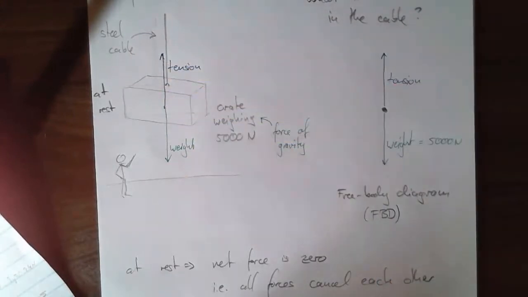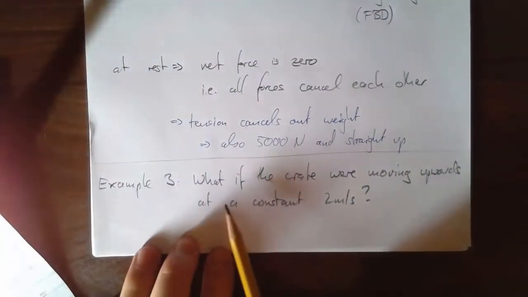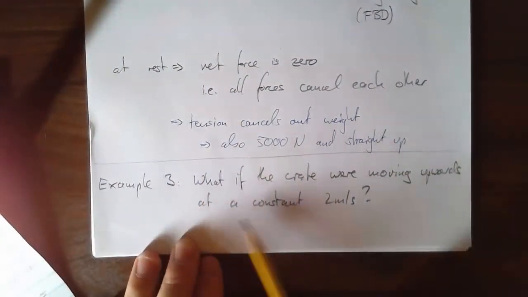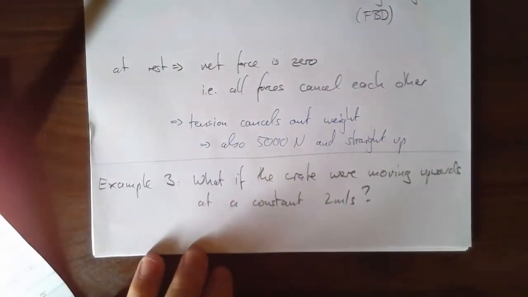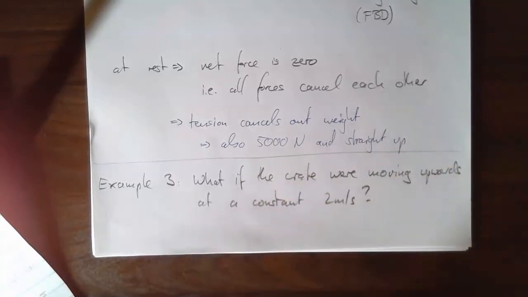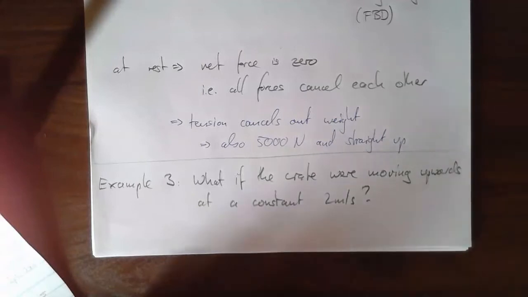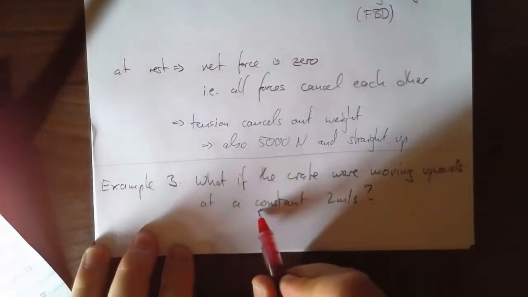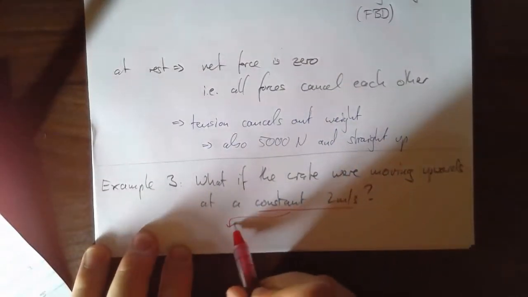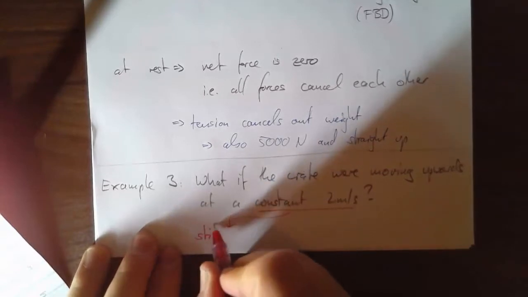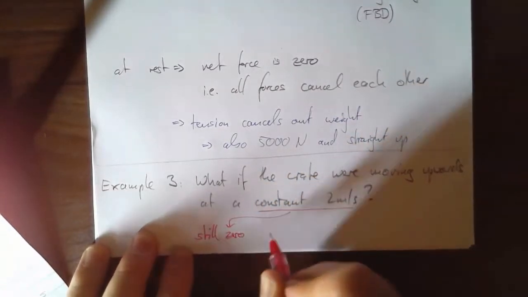The weight equals the tension. Our book was also just sitting still, but now we're going to assume that the crate is moving upwards at a constant 2 meters per second. Well, the answer is, of course, it's exactly the same. Why? Because constant 2 meters per second, this implies still zero acceleration.